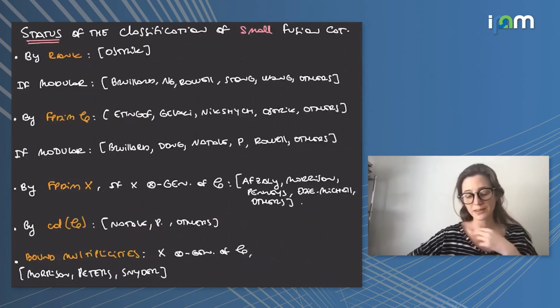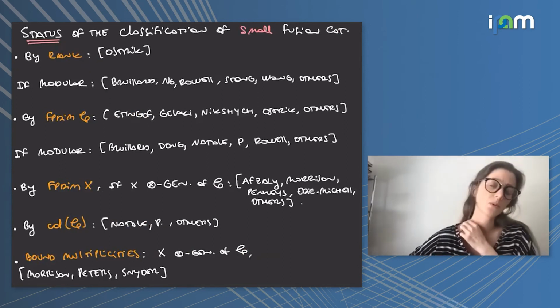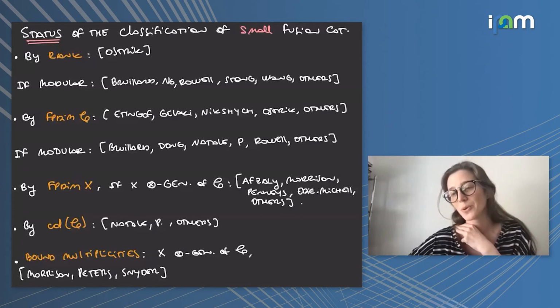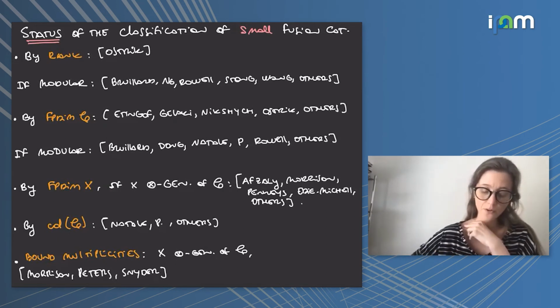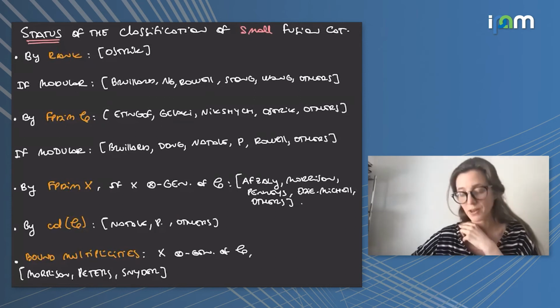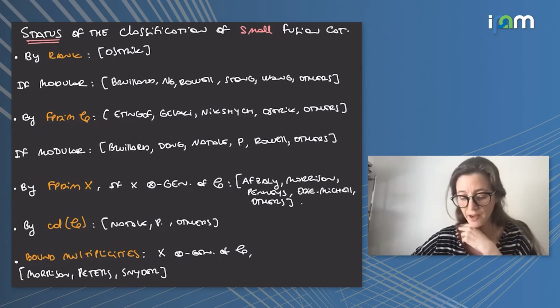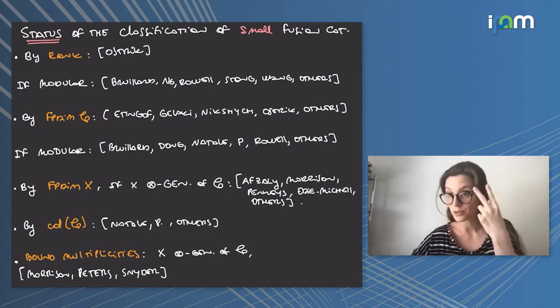So let me tell you a sample of classification results for small fusion categories. And what I mean by small will vary depending on who you ask. We can look at different invariants and try to classify depending on them. There was a lot of effort in classifying by rank. Rank is the number of simples. Ostrik started this, and he classified fusion categories of rank 2, so only 2 simples, like the one of Fibonacci, the unit and something else.